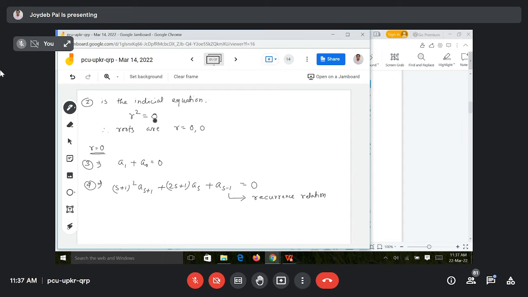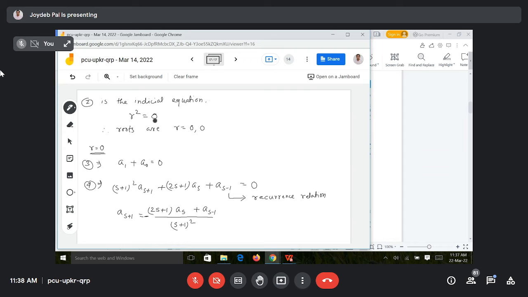Now you can simplify it. So from here I can write a(s+1) is equal to what? (2s+1) into a_s plus a_(s-1), actually there is a minus, divided by (s+1) whole square.